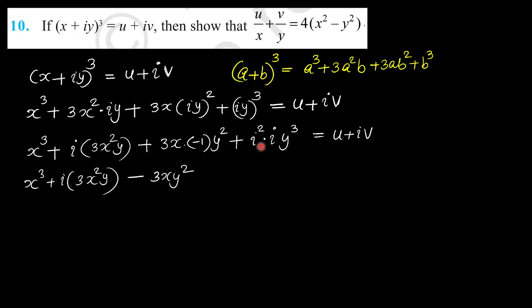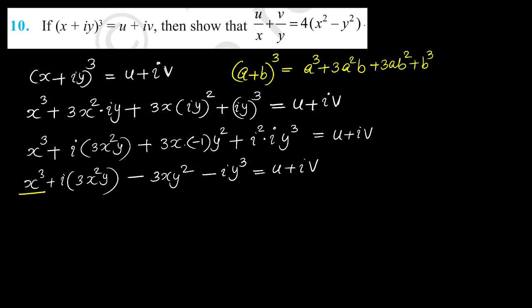What is i square? Let me ask you, Snehal. Yes, tell me, Snehal, what is i square? Minus 1. Yes, minus 1. So the last term will be minus i y cube, equal to u plus iv.